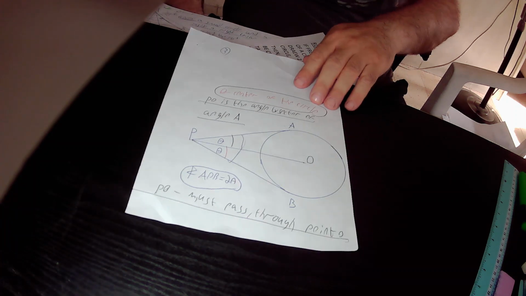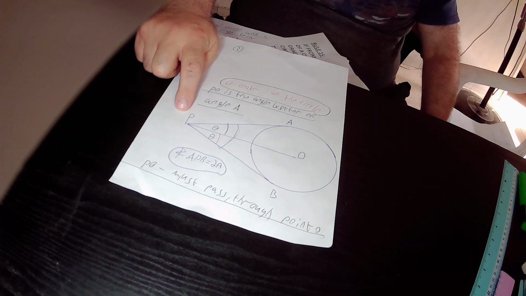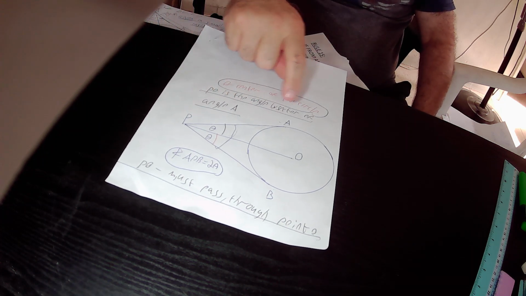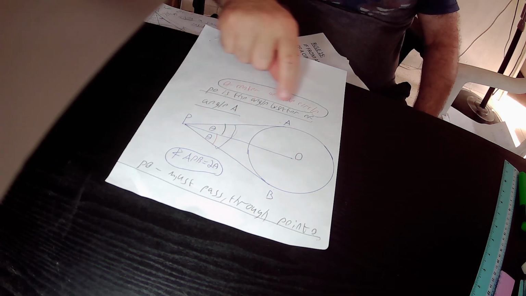So, in the drawing, this is the common external point P. From this common external point P, we have two tangents to this circle, tangent PA and tangent PB. By drawing the two tangents PA and PB, we created this angle APB.